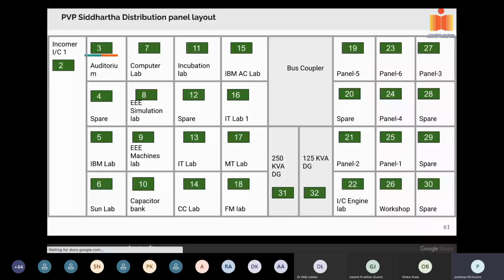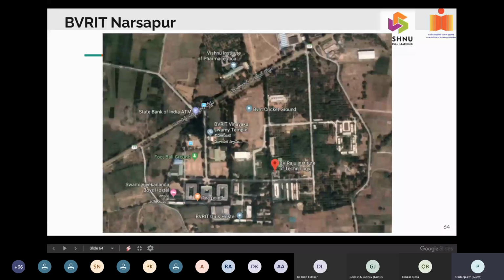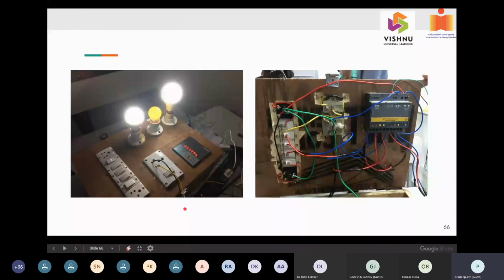Then there is another campus, BVRIT Narsapur. This is also a similar campus map. And here what they have done slightly differently is that before installing across the entire campus, they first did a single meter prototype development. The students visited the IIT Hyderabad campus with spare parts, and we helped them connect the meters and develop a small prototype. Here the idea is that there is a box with lights.